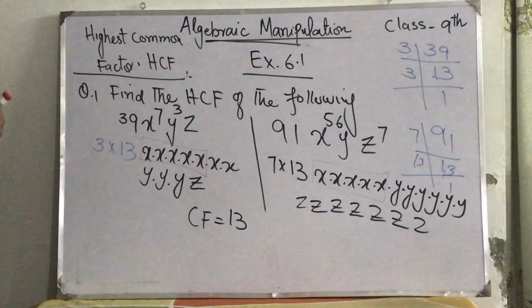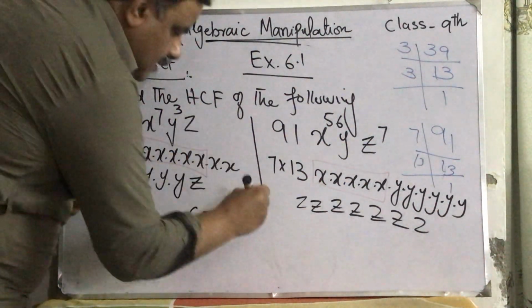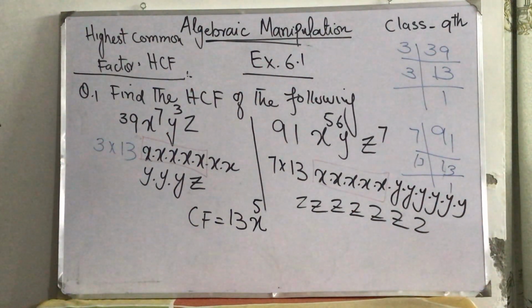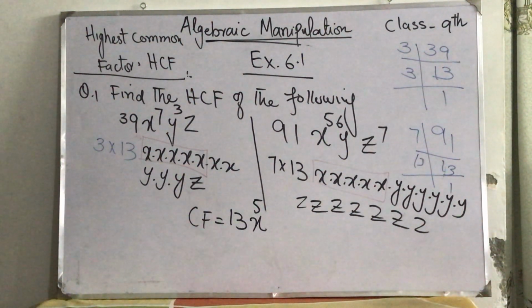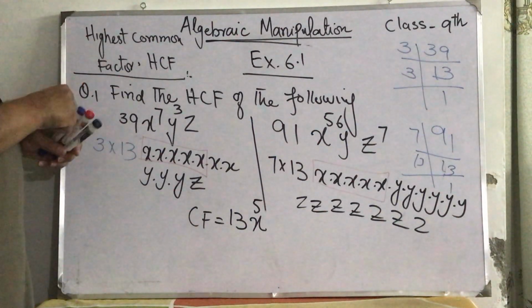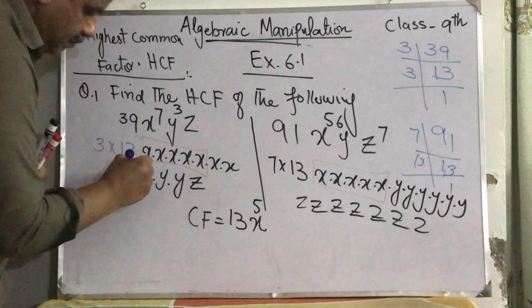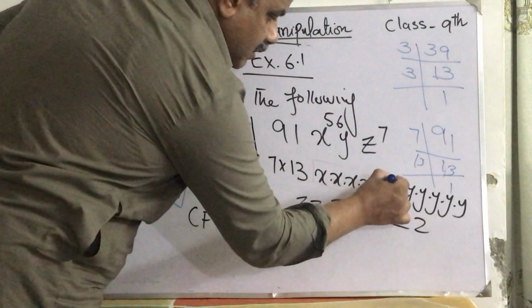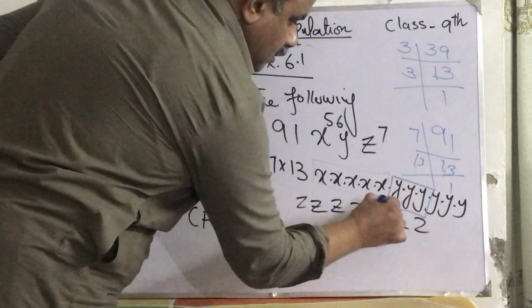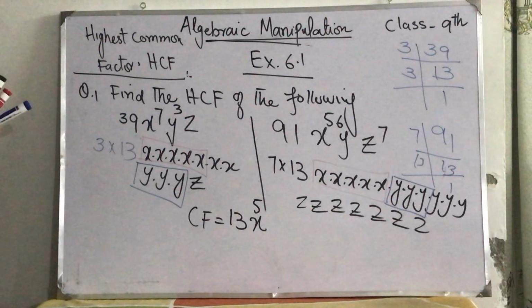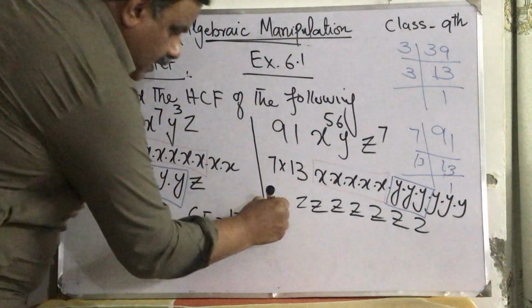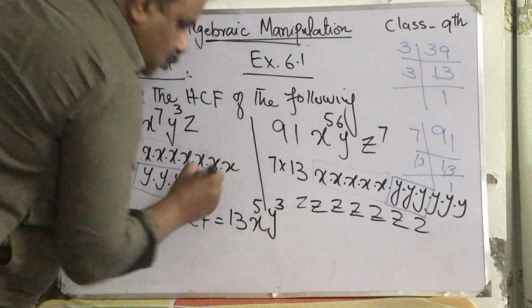So that is x^5, 5 times common. Similarly with y. How many times is y here? Y is 3 times here, so we select it 3 times. Because it is 3 times common, we write y cube.